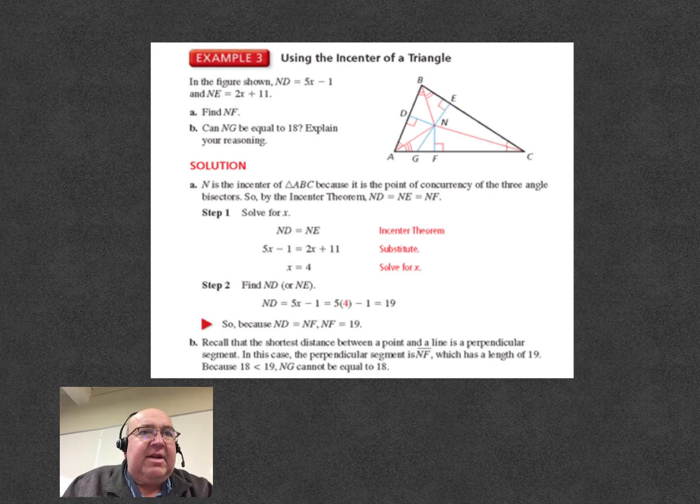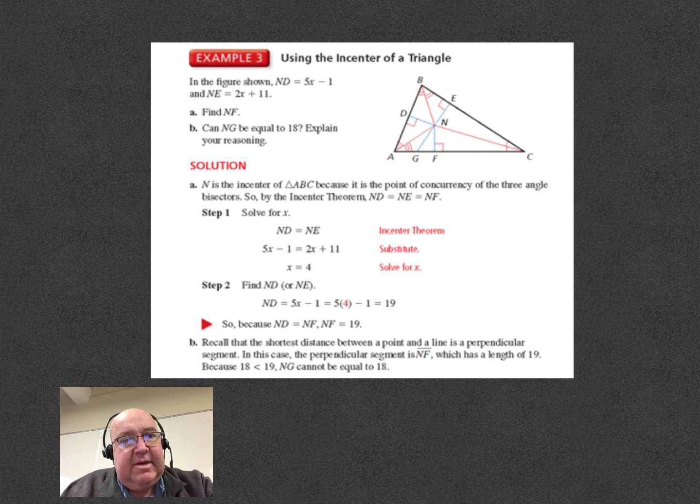So in the figure, ND is equal to 5x minus 1 and NE is equal to 2x plus 11. We want to find NF. So as the solution shows, we're just going to set 5x minus 1 equals 2x plus 11 to find our value for x.